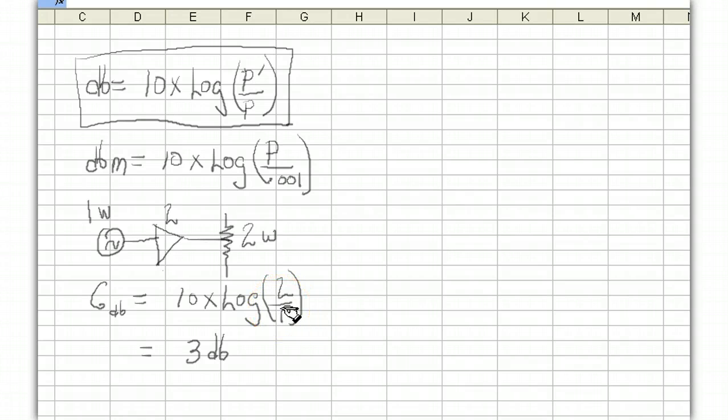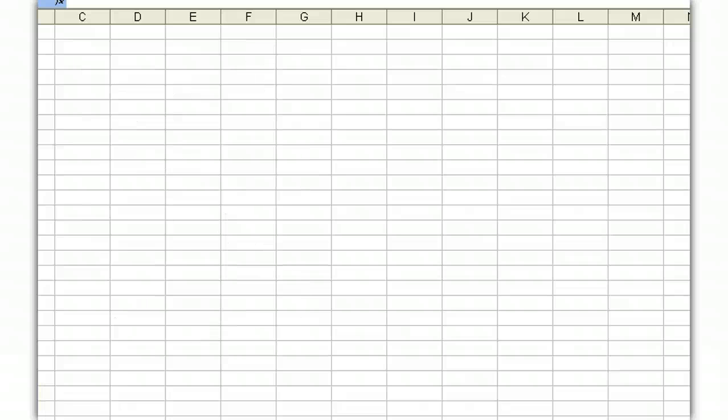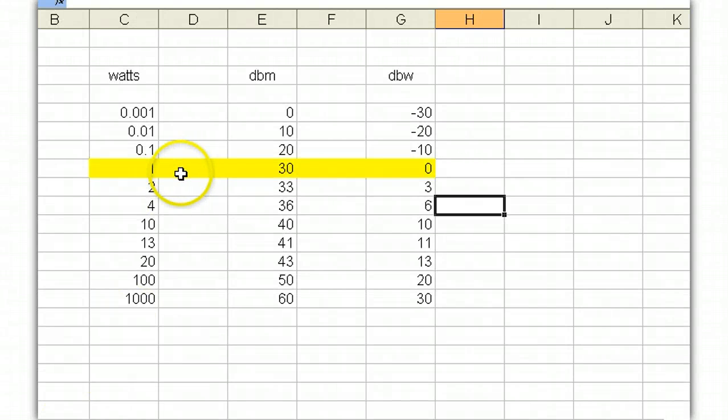So now let me switch to a spreadsheet to kind of help depict and give some examples. And I want to show you something, a little trick.